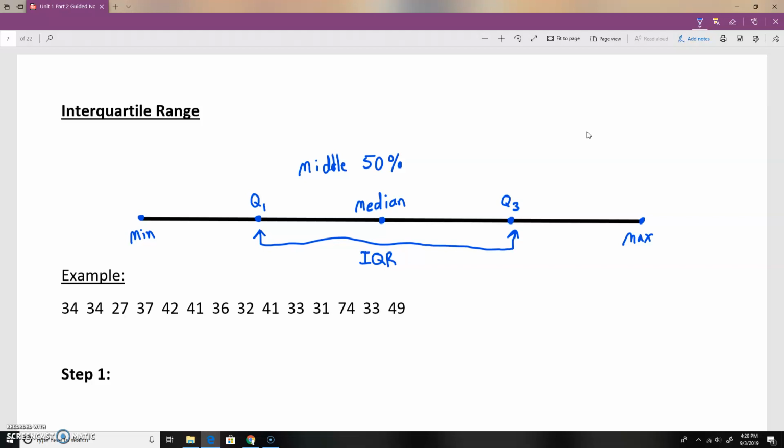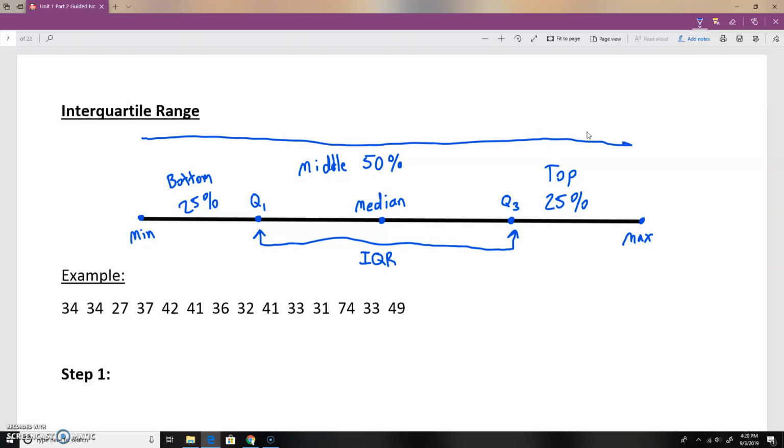This little section down here would be the bottom 25%, because 25% of the data lies between the minimum and Q1. And over here between Q3 and the max, this would be the top 25% of the data. Now if we wanted to be complete with this, we could say our range is all the way from our max to our minimum.